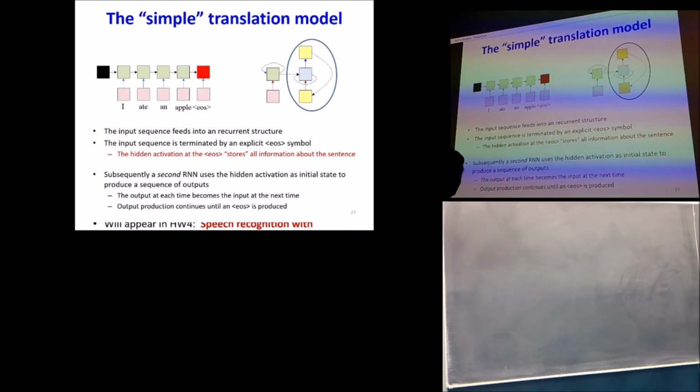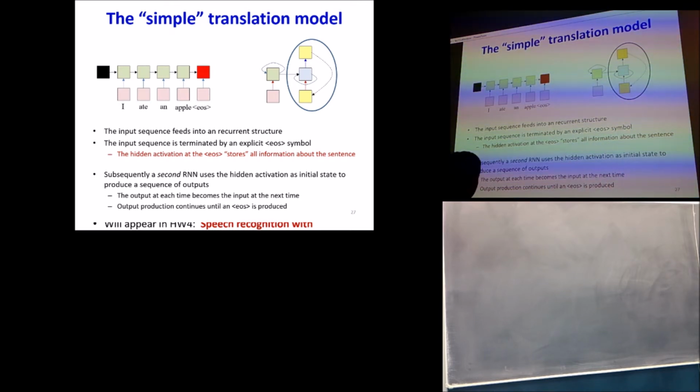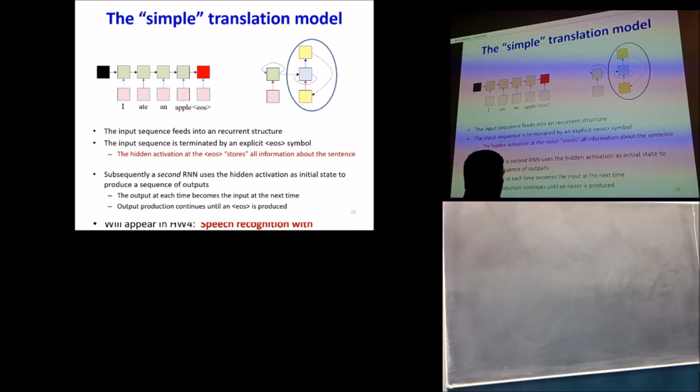Subsequently, the second recurrent neural network will use this hidden value as an initial state to produce a sequence of outputs. The output at each time becomes the input at the next time, so the output production continues till an end of sequence symbol is produced.